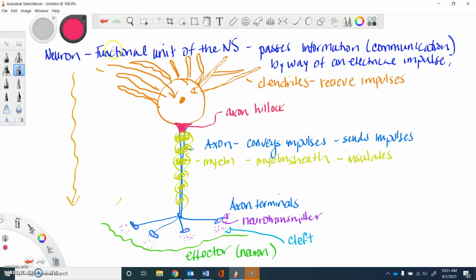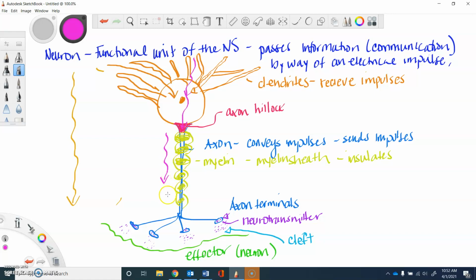And when we bring in an action potential, it comes in, we receive it up here on the dendrites or the cell body, and then it is funneled down to the Axon Hillock. And if it gets down there and is strong enough, it will cause the Axon Hillock to have an action potential.